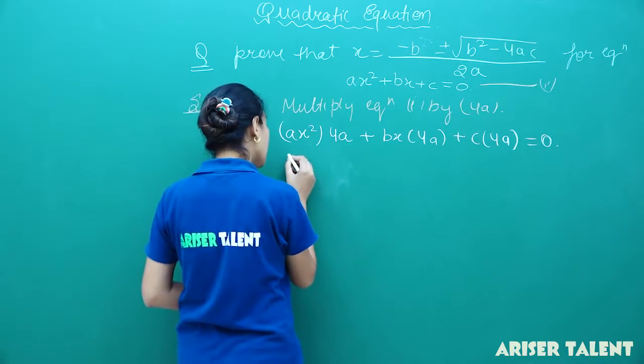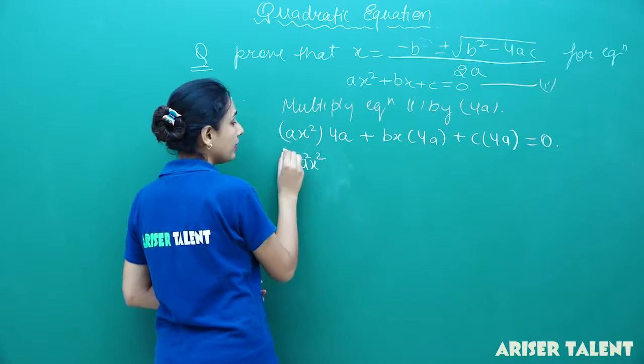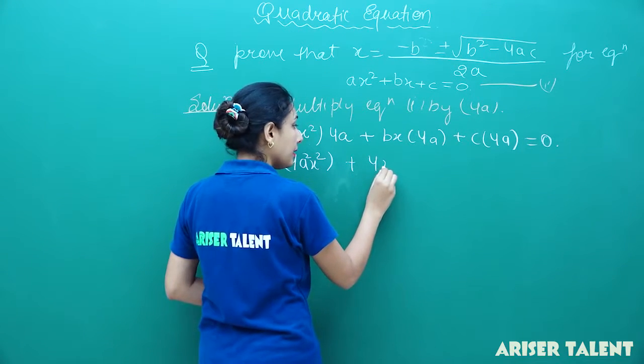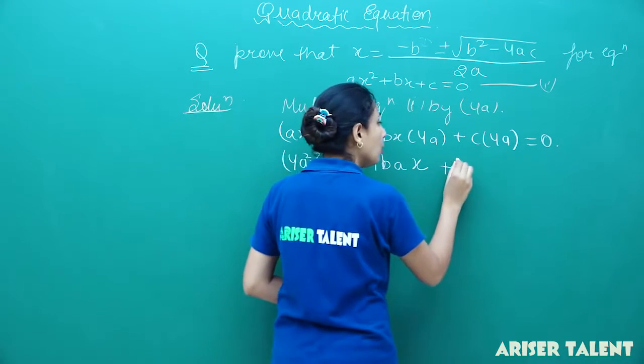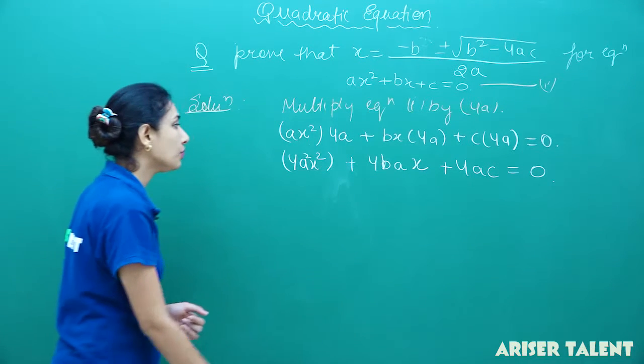Now what will it become? It will become 4a square x square, that will become 4abx, that will become 4ac or ca, whatever you want to write, equals to 0.